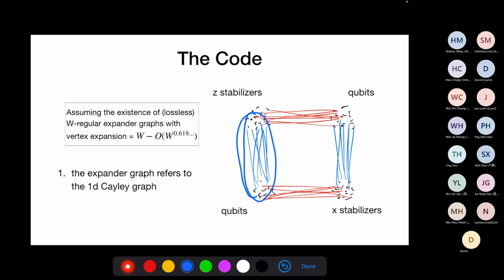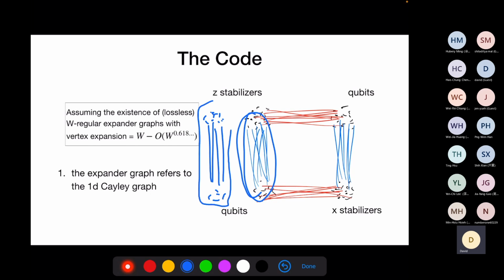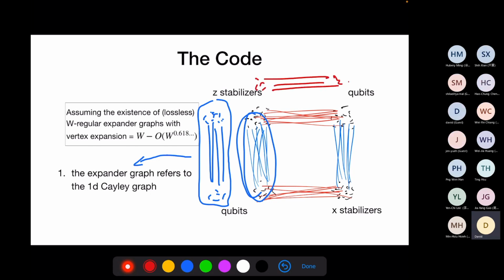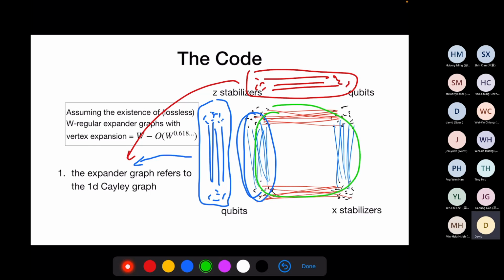If we take the points on the top left and the points on the bottom left and look at their edges, this defines a graph. We want this graph to be an expander, and also this other graph. If both are expanders, then the claim is that as a whole, this qubit construction would be a good LDPC code, or let's say it has large distance.